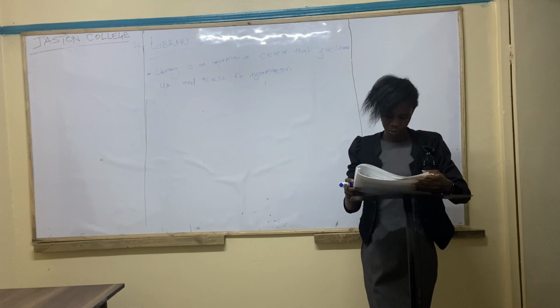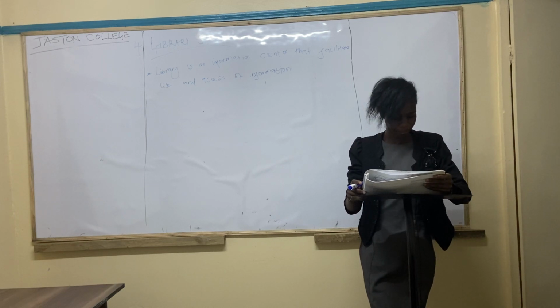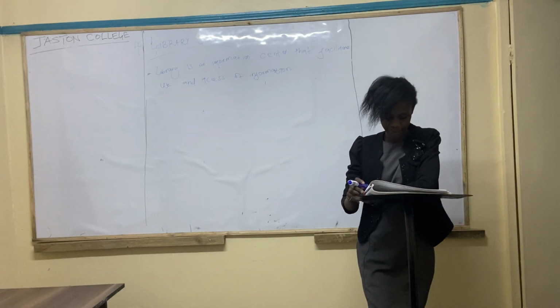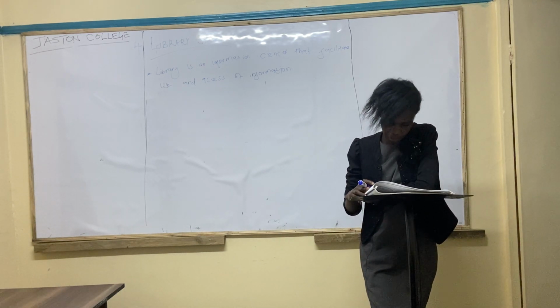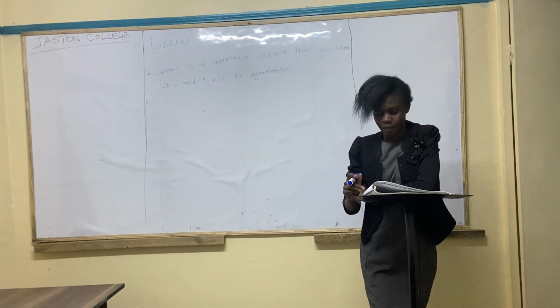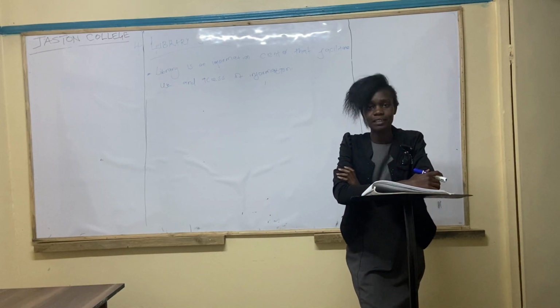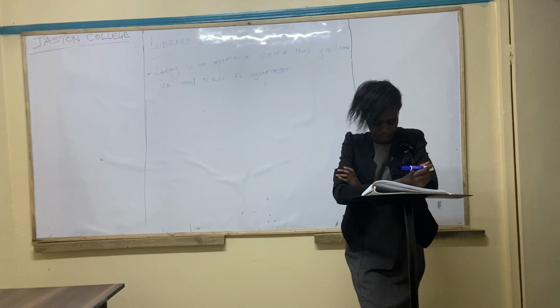So we are going to discuss the roles of a library. Role number 1 of a library is that a library has up-to-date information, so it facilitates the access of up-to-date information.